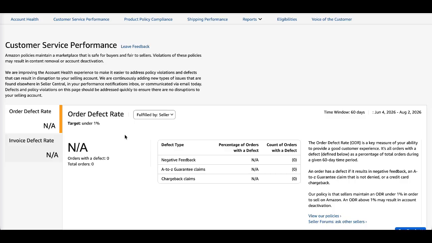Now, A to Z guarantee claims occur when a customer is asking you for a refund and you ignore it or deny it, then the customer has this option. The customer will definitely go for an A to Z claim or chargeback claim, mostly an A to Z claim.